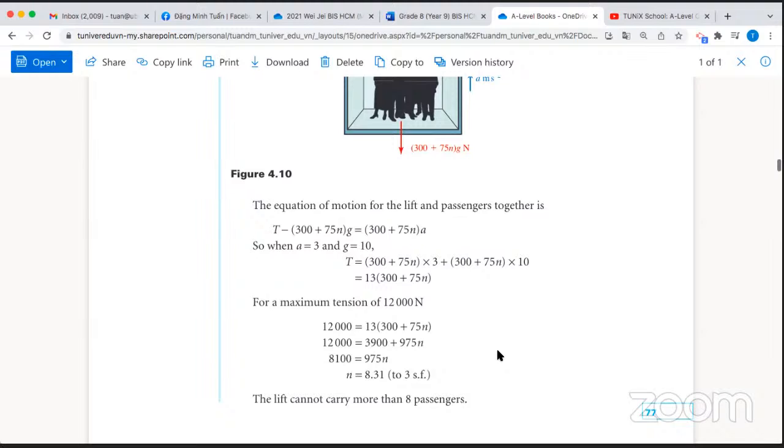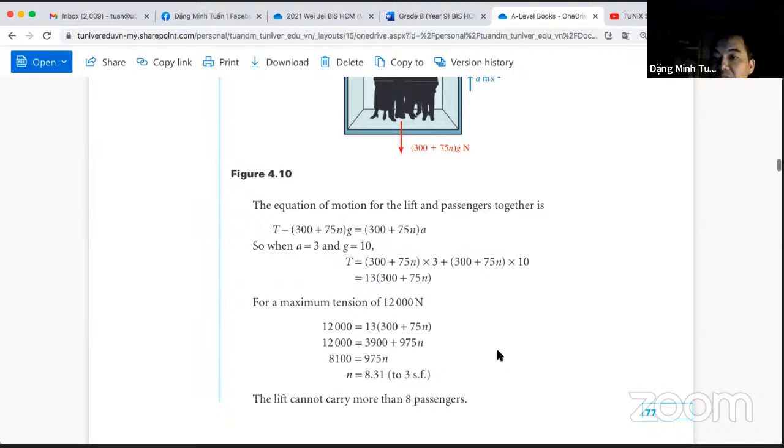So you understand the mechanics here, and then you can apply it to the lift. When you enter the building, you can see the maximum number of passengers written inside the lift.